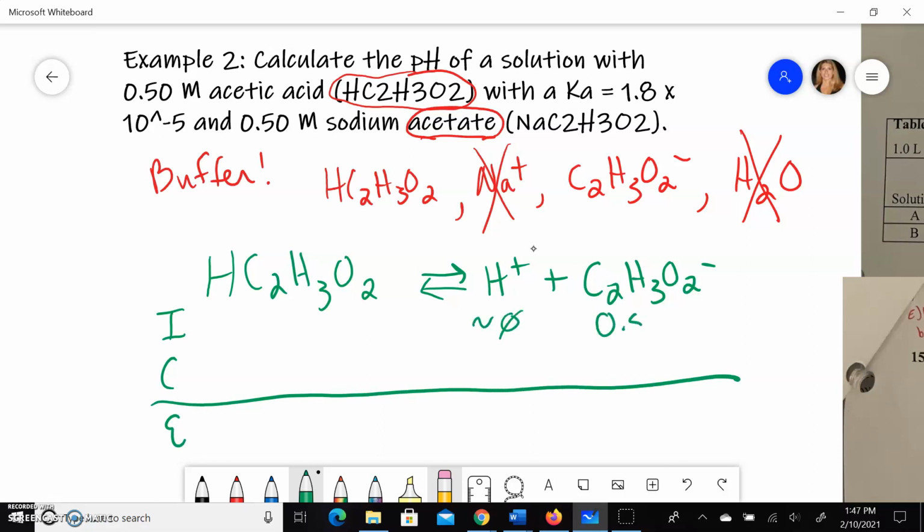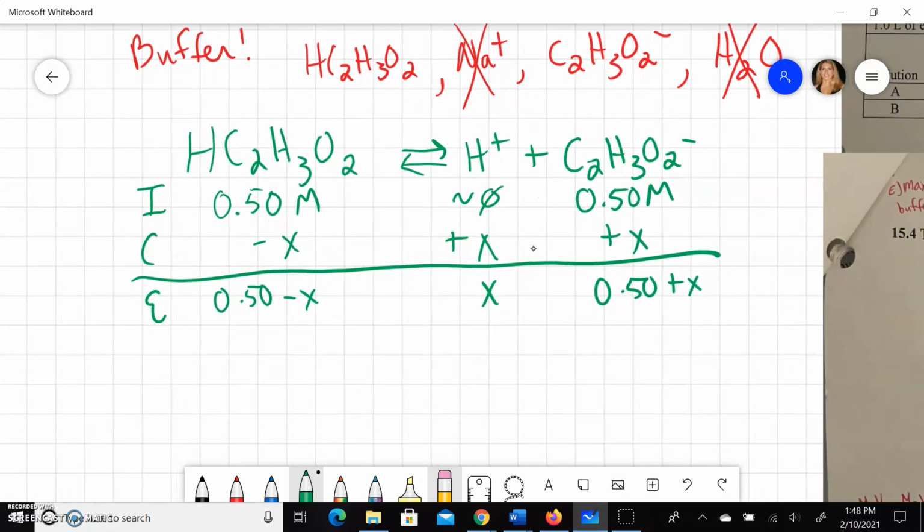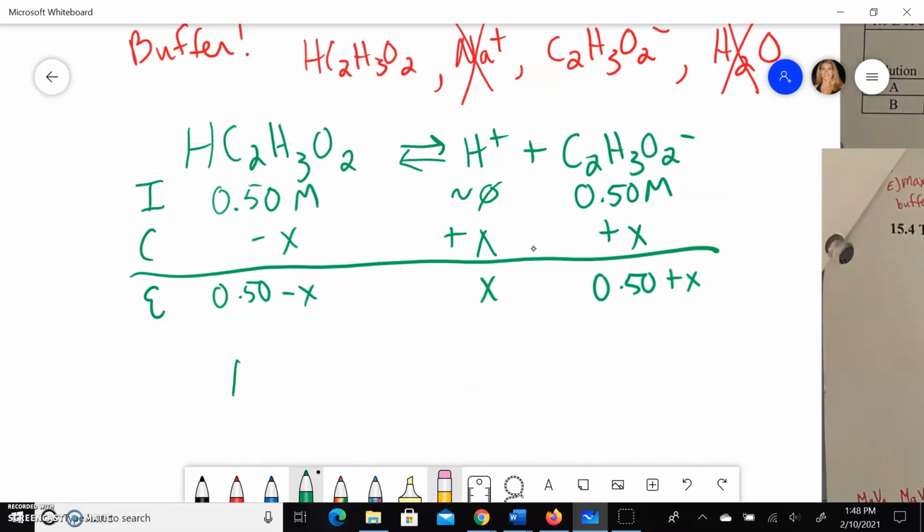We have our initial concentration of acetate because it's a 1-to-1 ratio with the sodium acetate. And we have an initial concentration of acetic acid. It's going to shift towards the 0. And now we can set up the K equation.